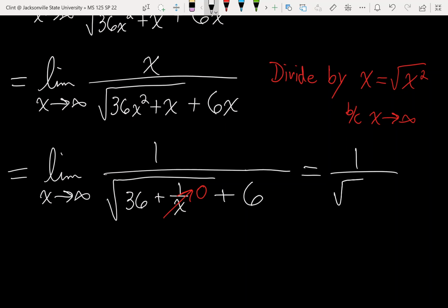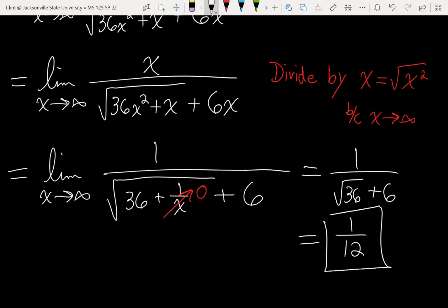So our limit is 1 over square root of 36 plus 6. Square root of 36 is 6, so long way to get there, but we get it.